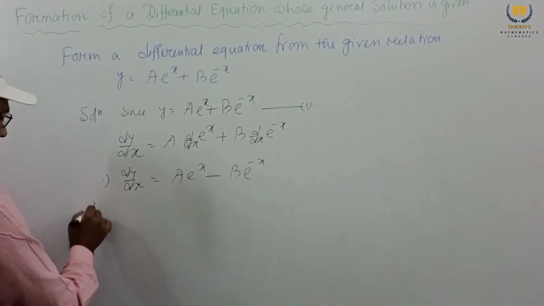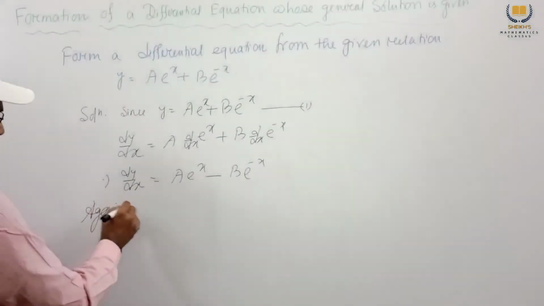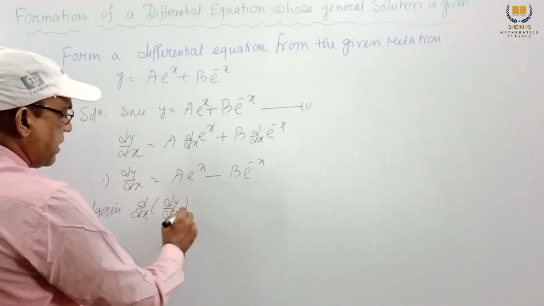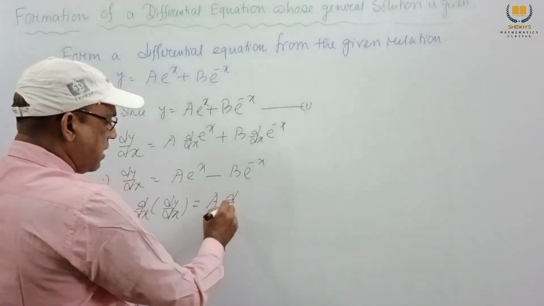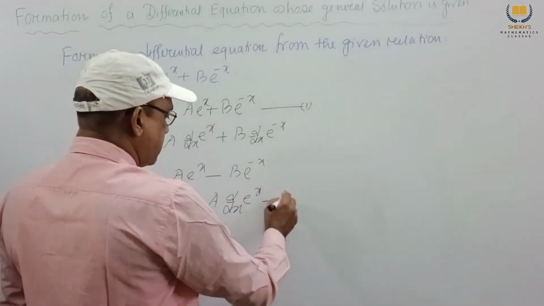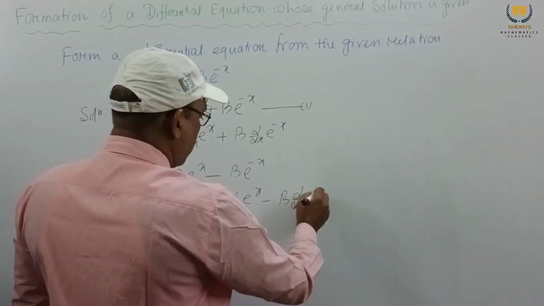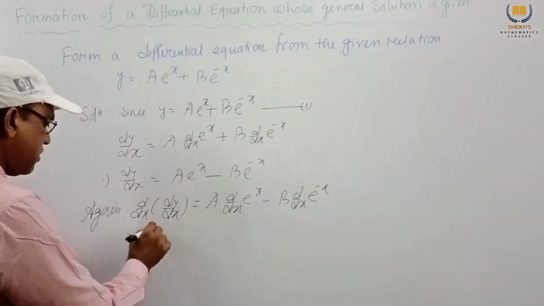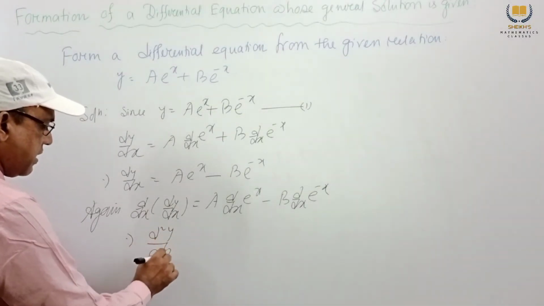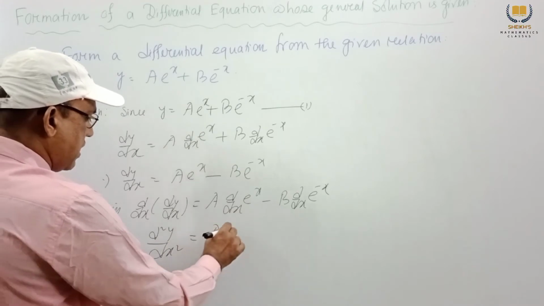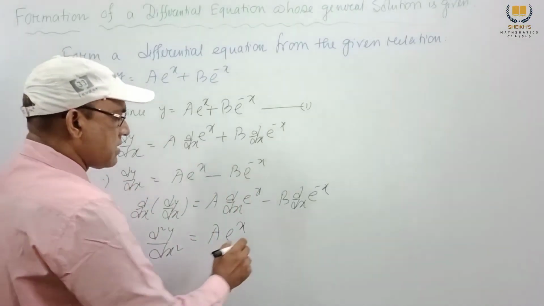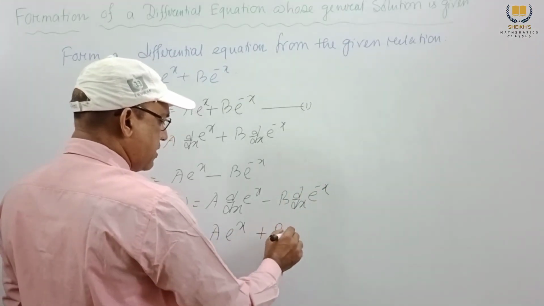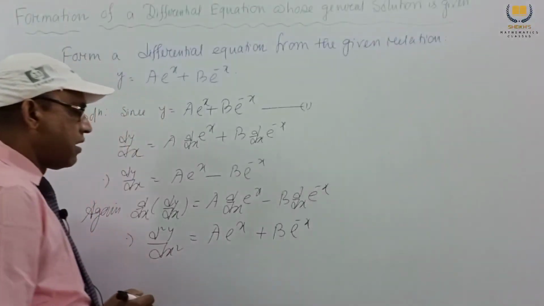Again we differentiate dy/dx: a d/dx of e to the power x, b d/dx of e to the power minus x, with respect to x. Then this will be d square y/dx square equal to a d/dx of e to the power x, which is e to the power x, and b d/dx of e to the power minus x, which is minus, so this will be plus. So we get this.